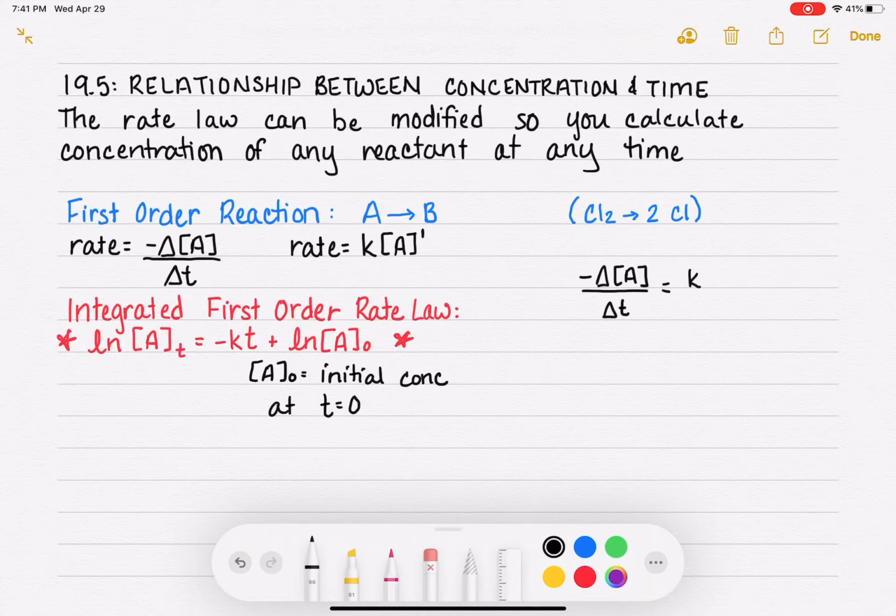This derivation comes from, first of all, combining the two rate laws. So we've got negative delta A over delta t, and that's equal to kA. And what I'm going to do here is replace the deltas with the lowercase letter d, because I'm getting ready to do some sweet math. And in math, mathematicians use the letter d instead of the delta symbol.